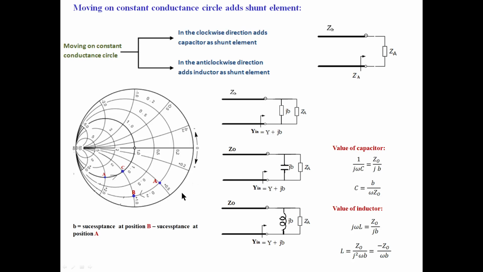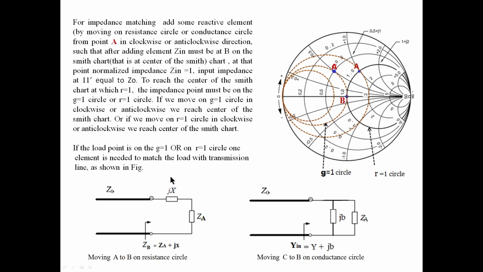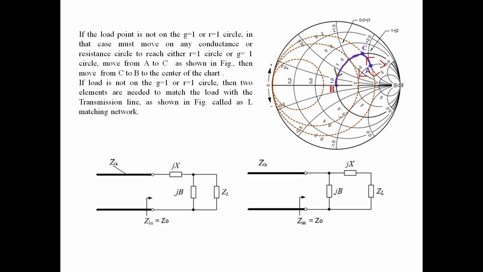Next we will see this combined one. Moving on a constant conductance circle, and I told you here, moving on a constant resistance circle or on the conductance circle. We will see one point, for example, like this.